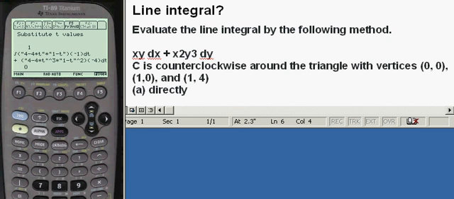Original integral, substitute the t values in there, simplify, we integrate it over the range of 0 and 1. At t equals 1, it equals 0. At t equals 0, it equals 44.